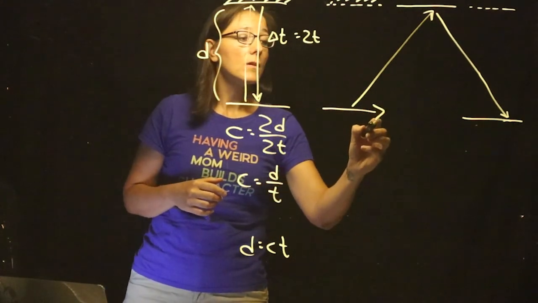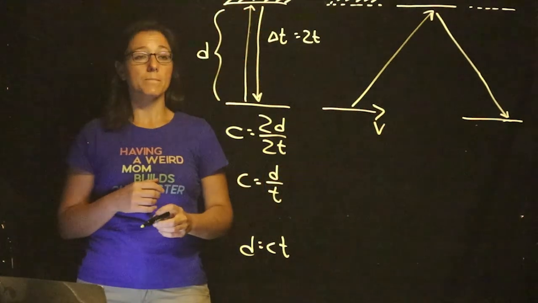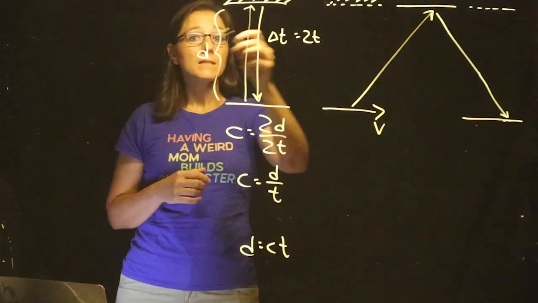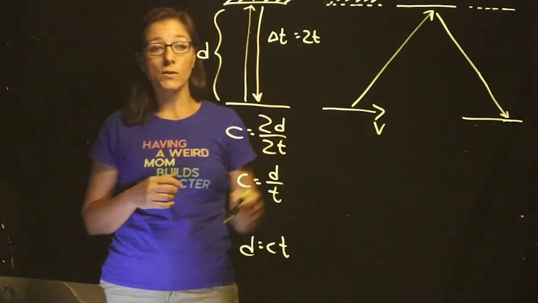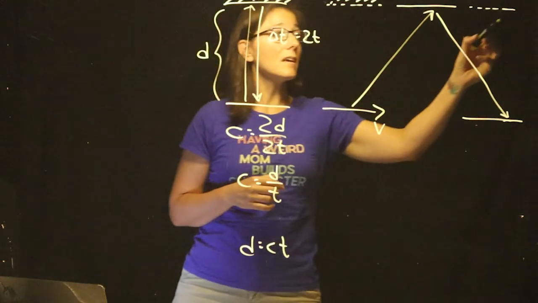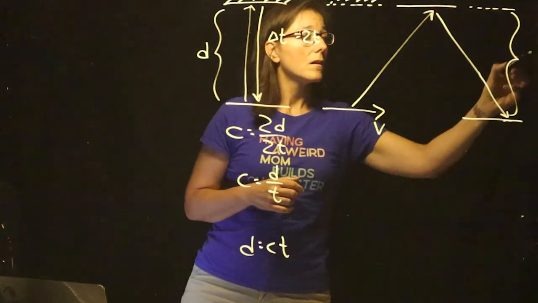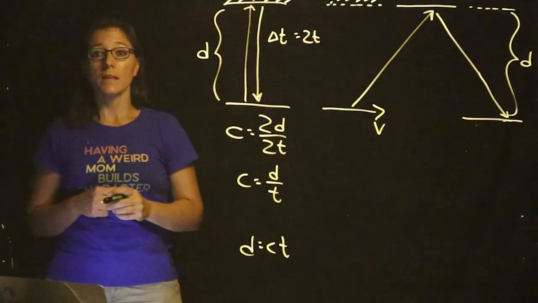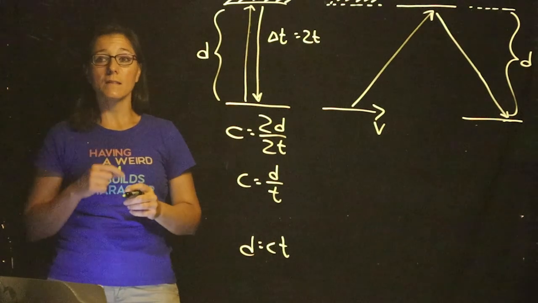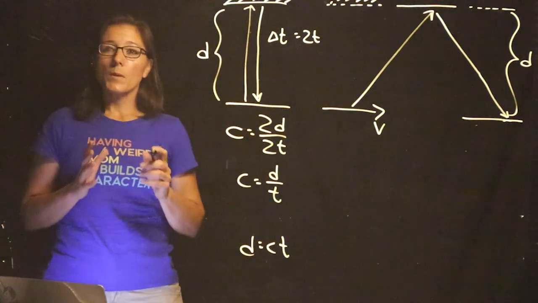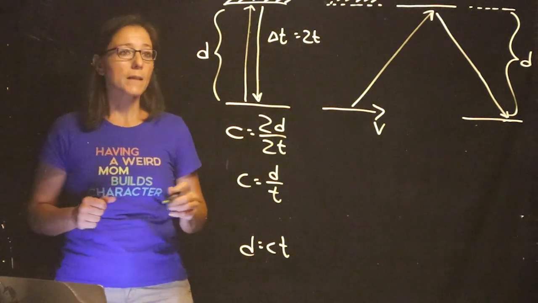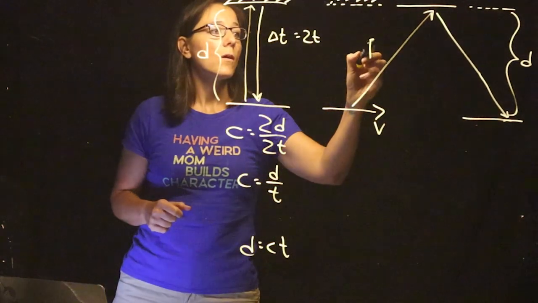Your vehicle is moving at a speed v. This distance across to your mirror is still a distance d. But look at the length of the path traveled by the light. It is now longer.